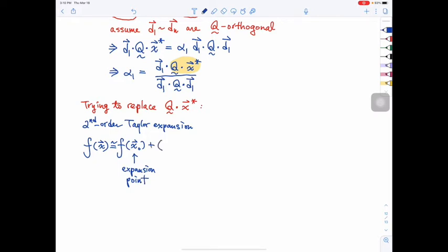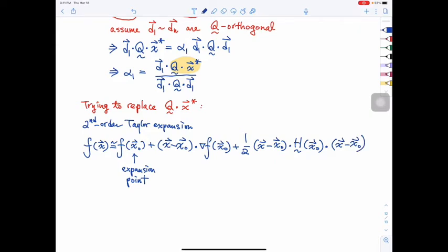You will have x minus x0, they are vectors, dot product gradient, plus 1/2 x minus x0, dot product Hessian matrix, plugging in x0, times x minus x0.